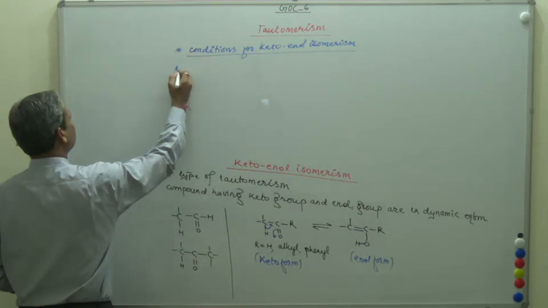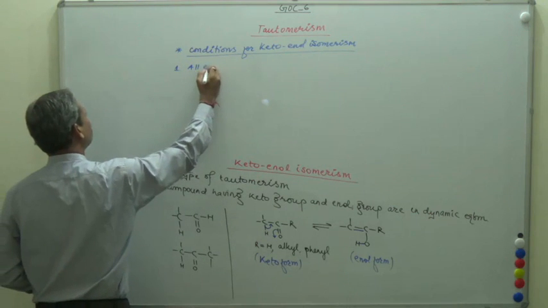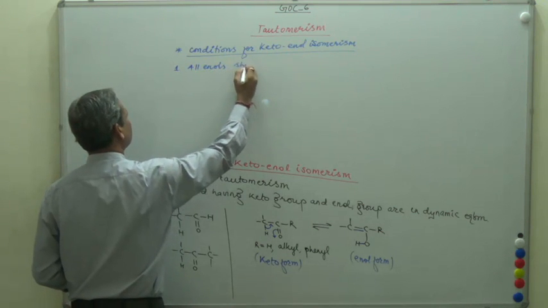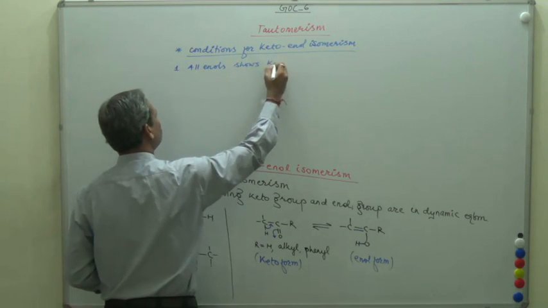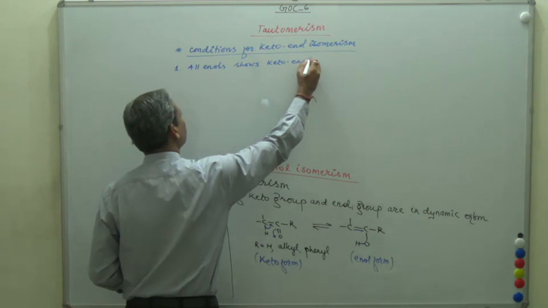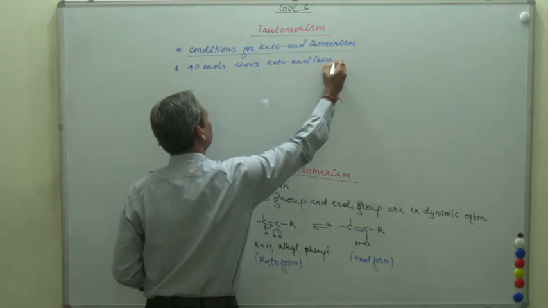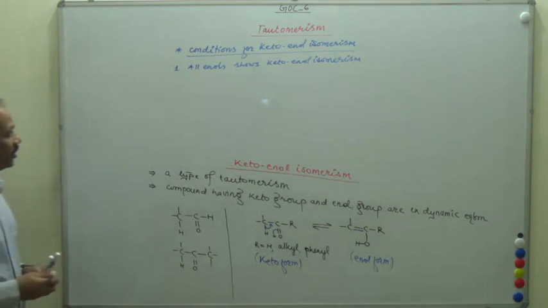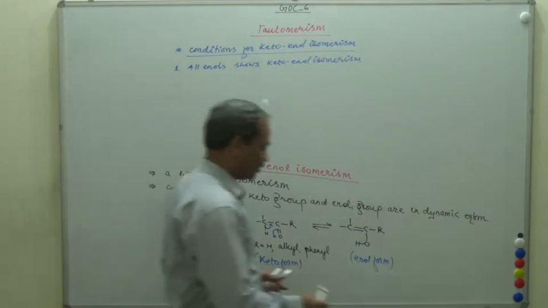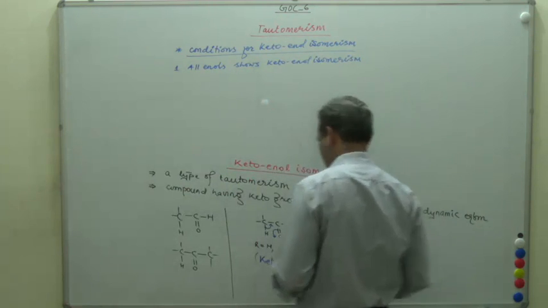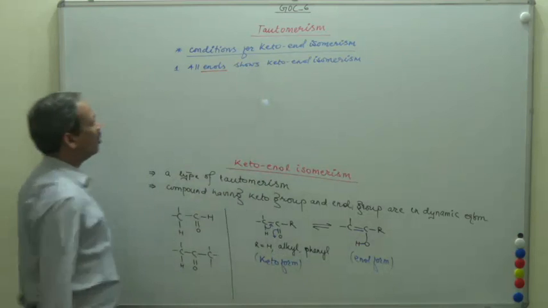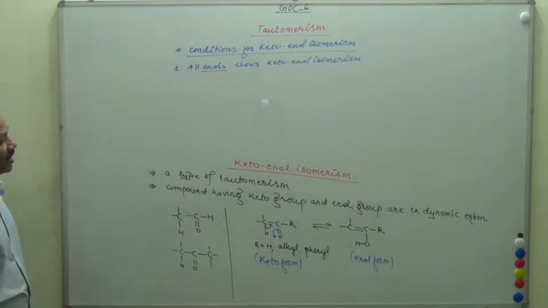First is that all enols show keto-enol isomerism.